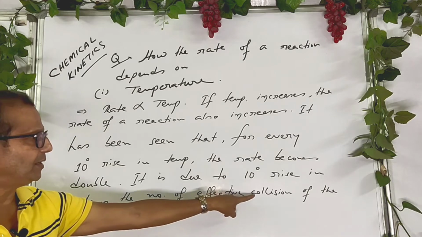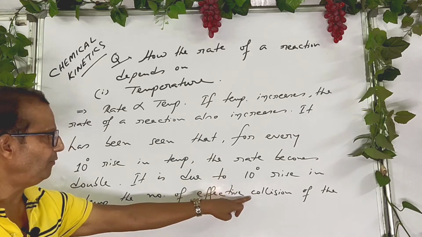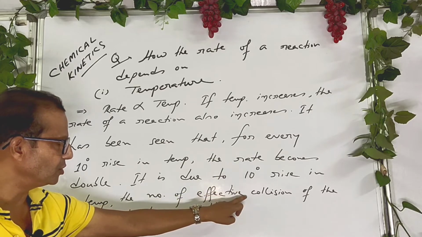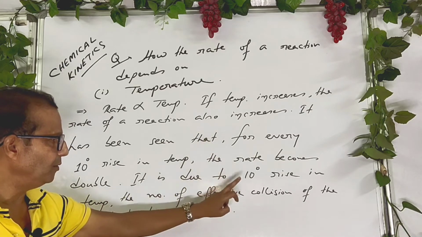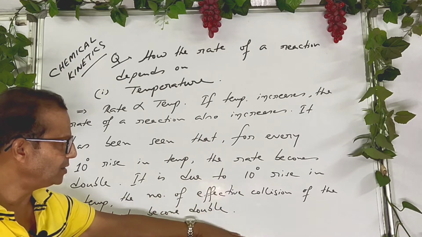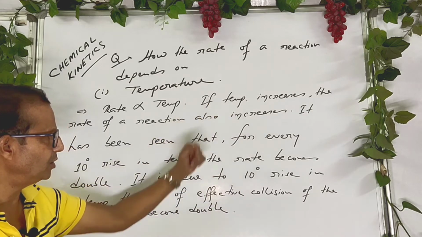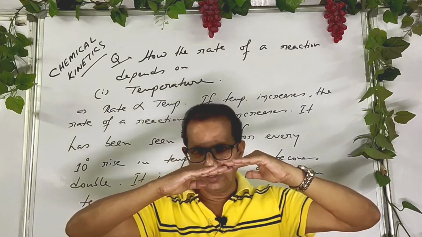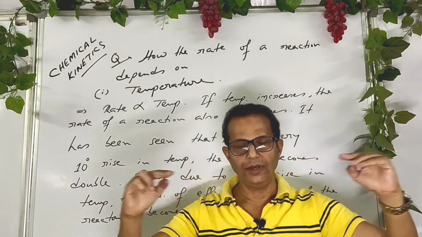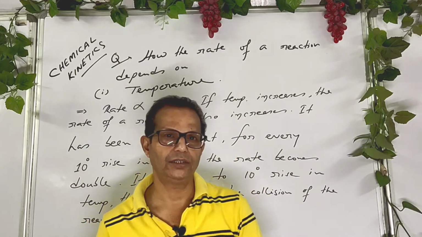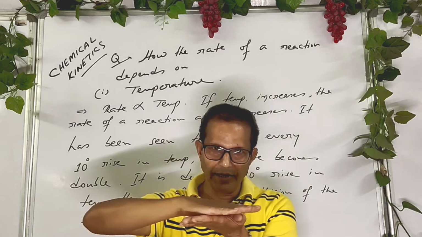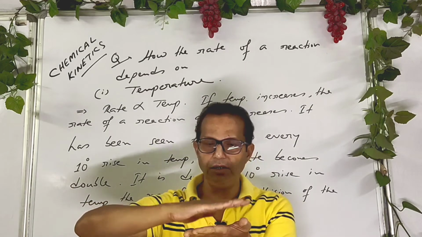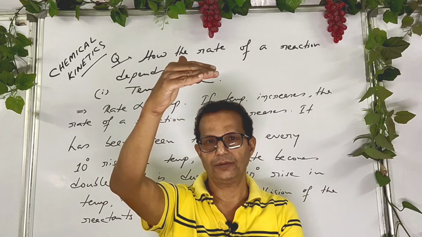Do you know what are effective collisions? Effective collisions are those by which the reactants directly change into product. You know that during any reaction there is one energy barrier, a minimum energy barrier called threshold energy. The reactants after collision should change into product.